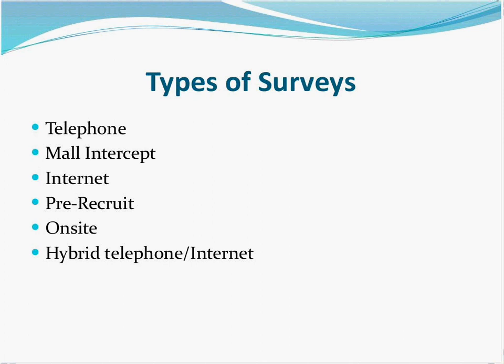You're not about to find them in a shopping mall, and you're not probably going to find them over the Internet. But you will get lists of people who are in that category, and you may pre-recruit them, call them up, pay them a very handsome incentive, have them come to a research center, and at that point they take the survey.